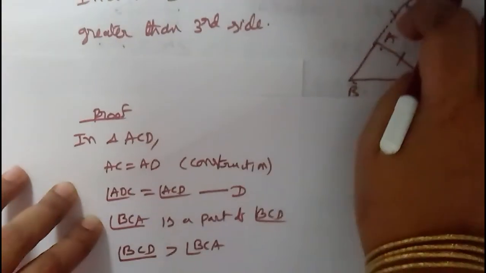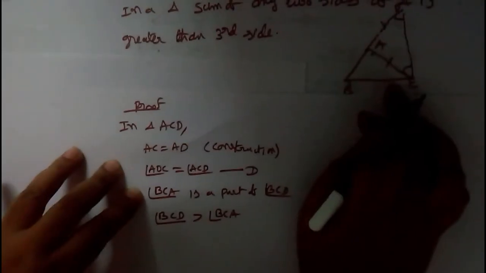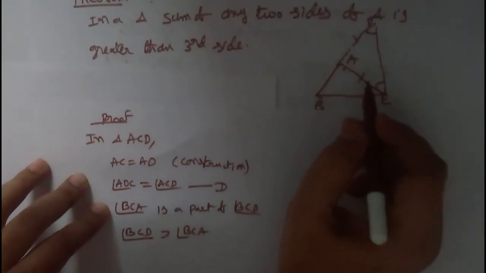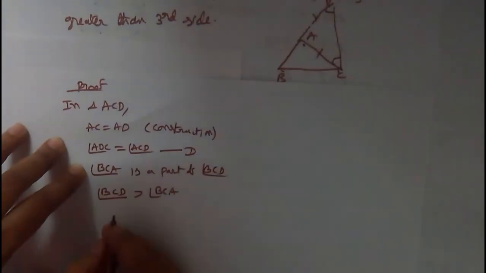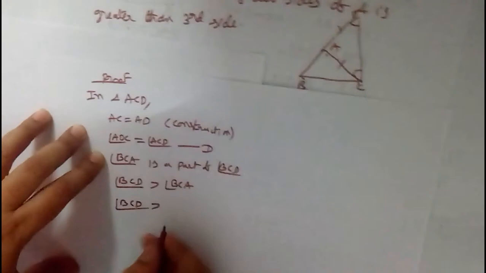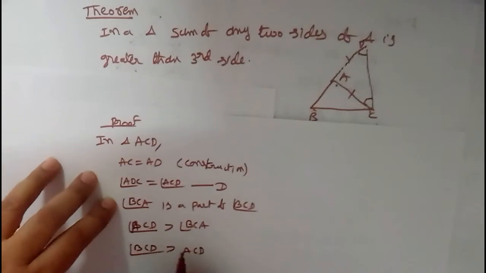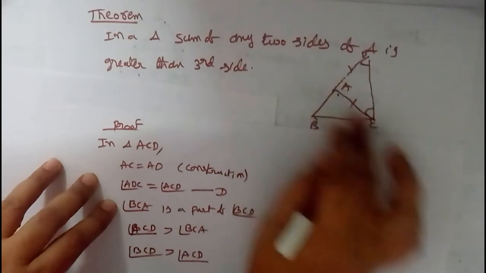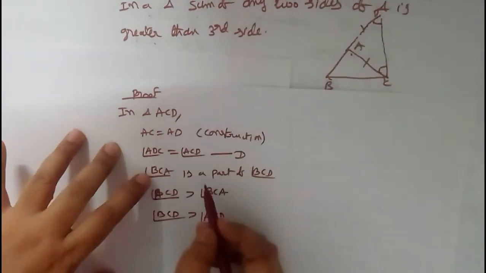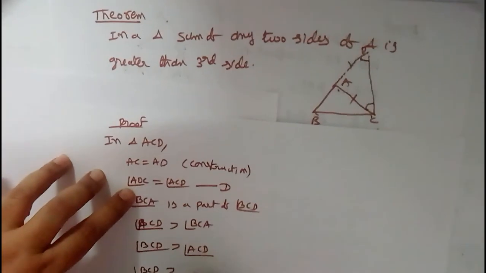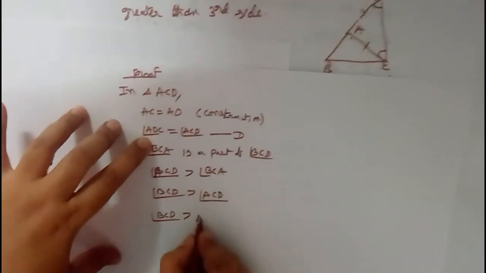Angle BCD is greater than angle ACD. But ACD is equal to ADC. So BCD is greater than angle ADC.